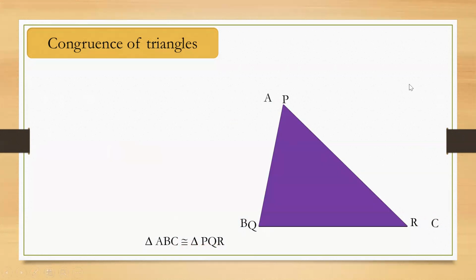Now let us learn about different tests of congruence. In congruence of triangles, there are different tests. There are 6 different components of a triangle. Components of a triangle means a triangle is made up of 3 angles and 3 sides.